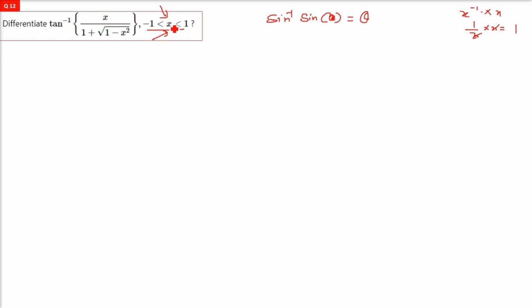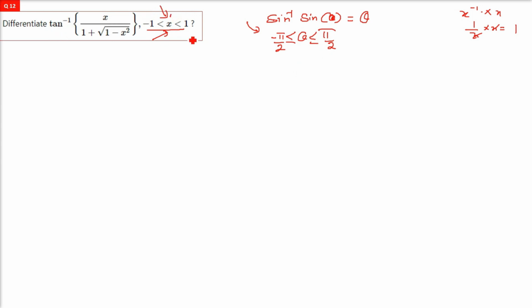The theta will only come out with certain thought about the trigonometric functions. If theta is between minus pi by 2 and pi by 2, both included, then only theta will come out.